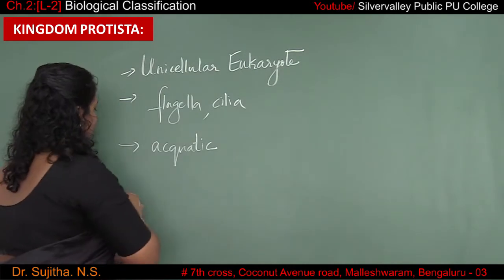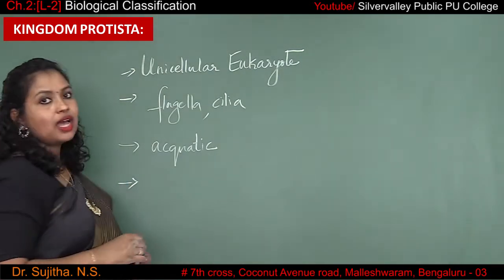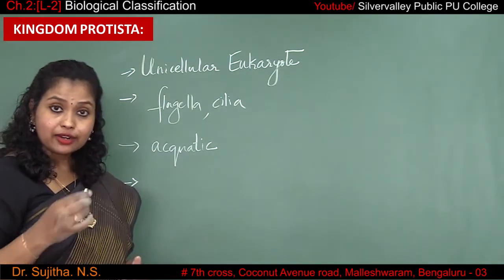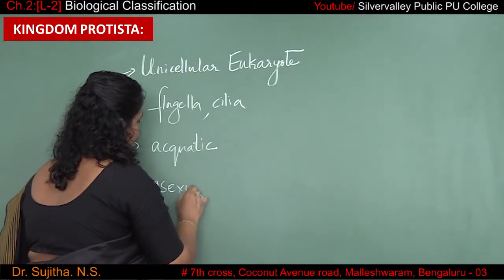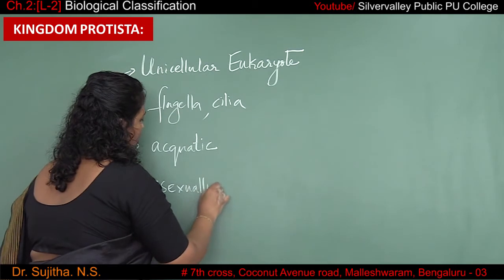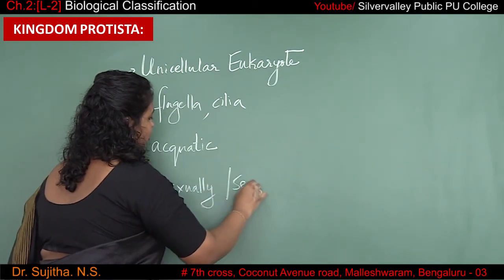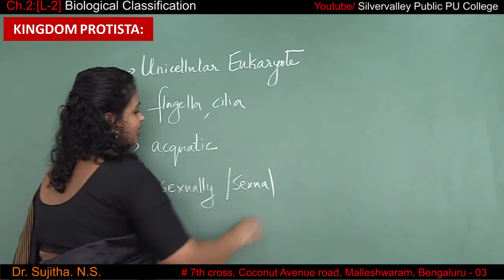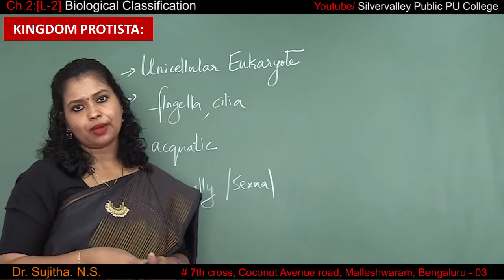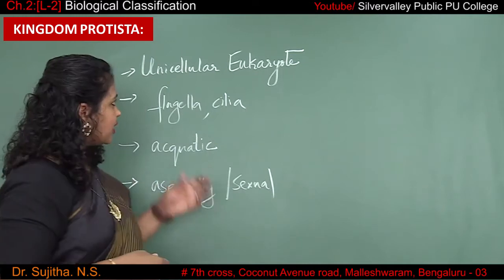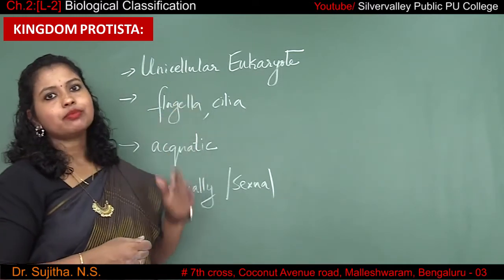The next important feature is with respect to reproduction. They can reproduce asexually, or they can reproduce sexually by forming the zygote with the help of sperm and ova. Then what all comes under kingdom Protista?